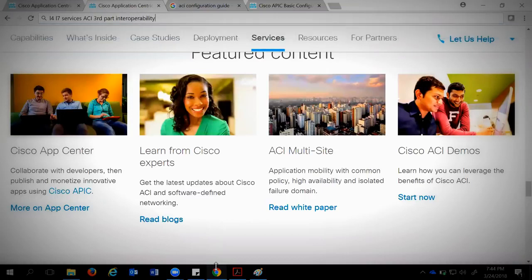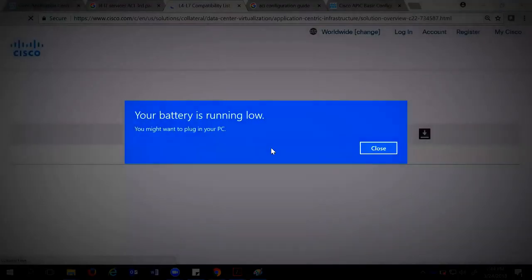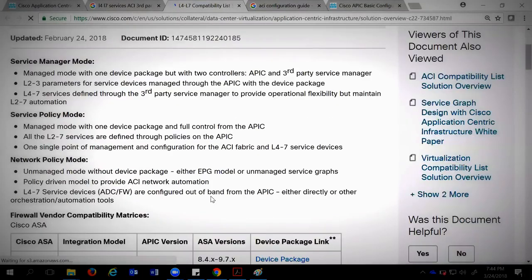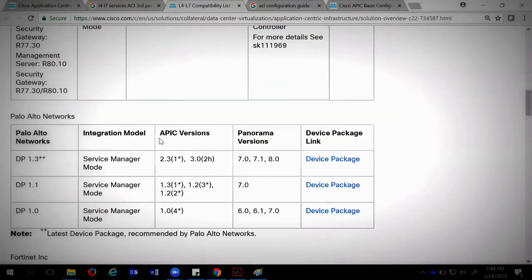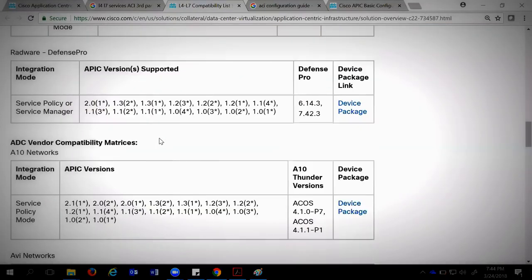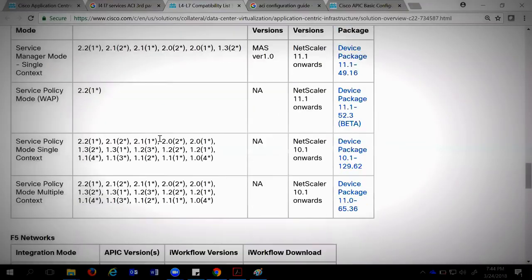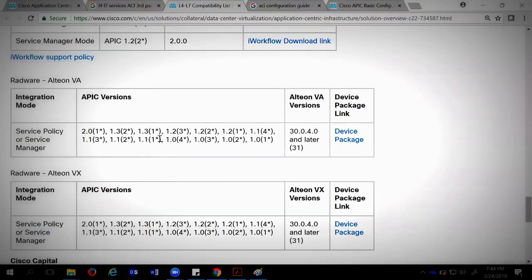You are going to see a lot of vendors. This is a solution overview list. Not only firewalls, there are many other things you're going to get. You have ASA, Checkpoint, Palo Alto, Fortinet, and integration modes with ADC vendors, and many others. You can find this list and the versions for those packages.